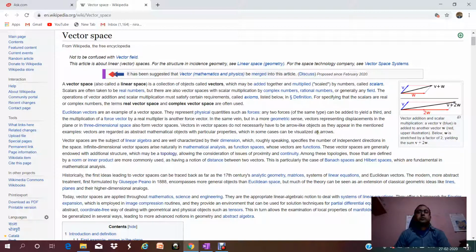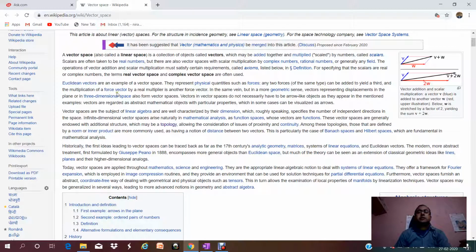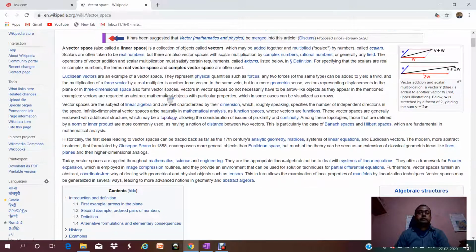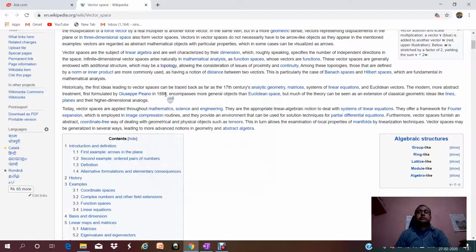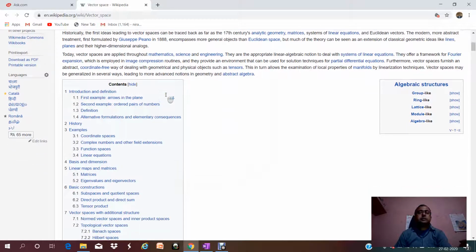What is called a vector space? Here is the definition.